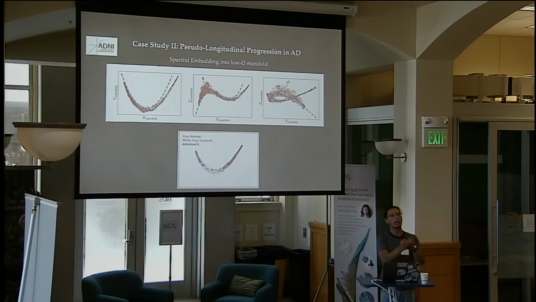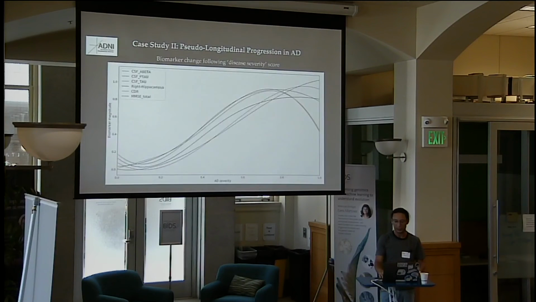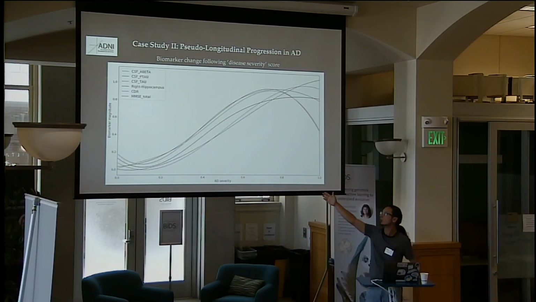Now that we have this new axis, started from purely cross-sectional data and transformed into longitudinal data, you can measure these curves, and the sequence actually matches the predictions. You start with amyloid beta, then tau, then you get atrophy in the brain, then the cognitive scores start to show up. So the prediction is valid there.